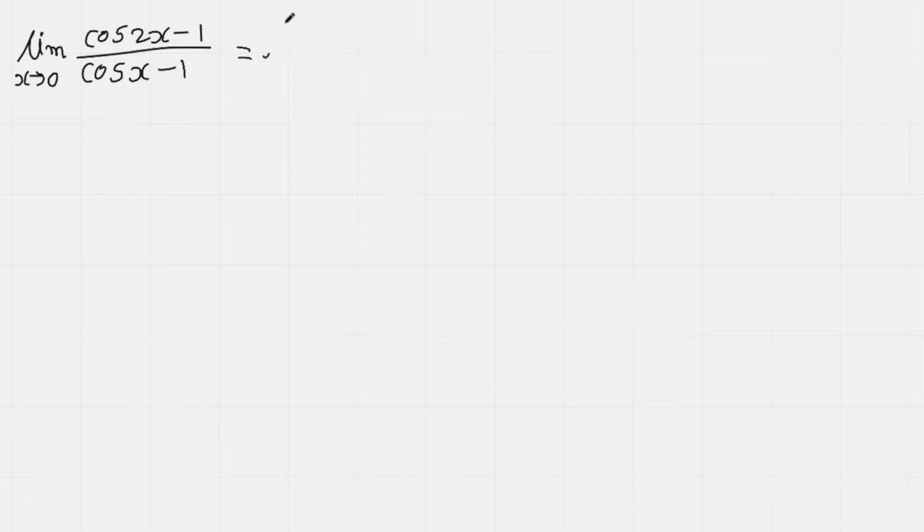So this will be equal to limit x approaches 0. Instead of cos 2x, I can use the formula 2 cos square x minus 1. So 2 cos square x minus 1 is divided by cos x minus 1.